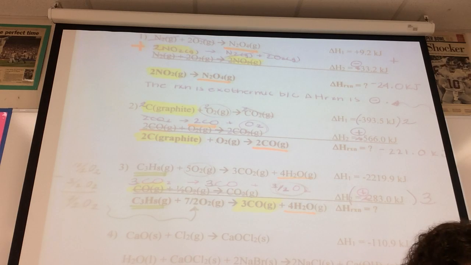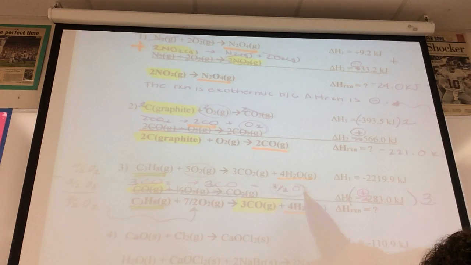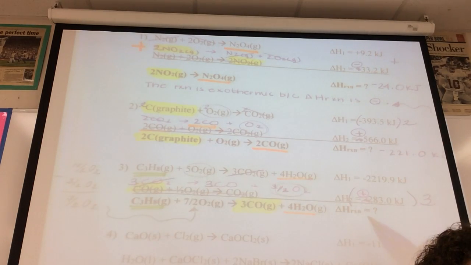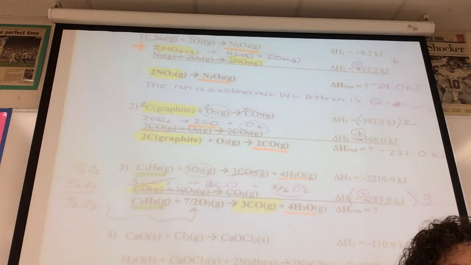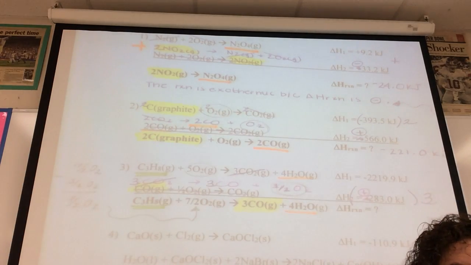Alrighty. So let's see if everything's canceling. We figured out the oxygen. The CO2's canceling. So now we get it to rip. That plus 3 times that.